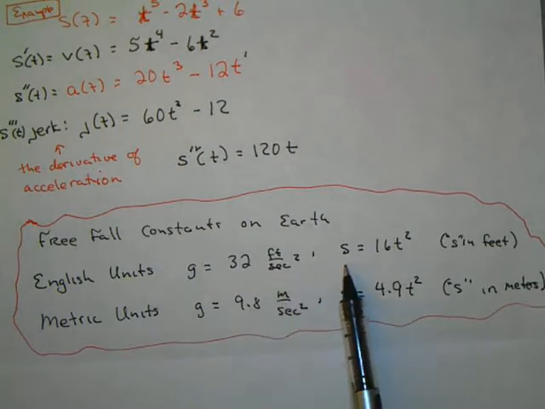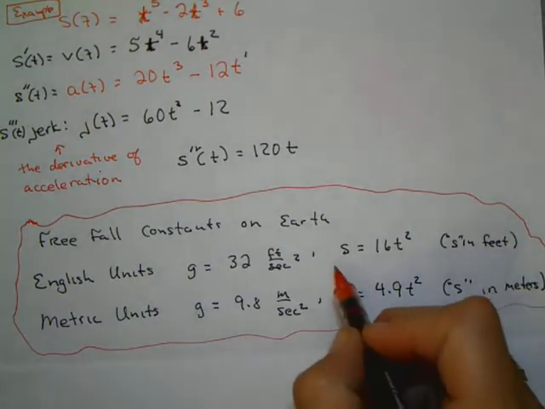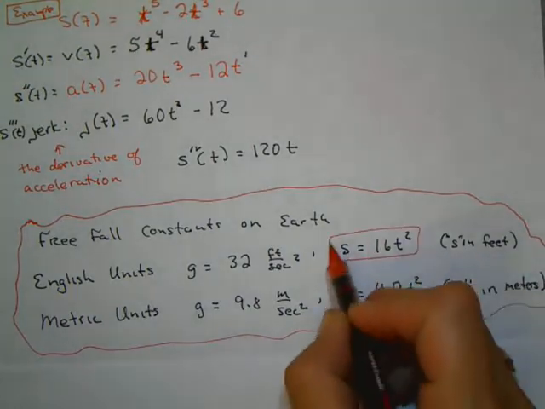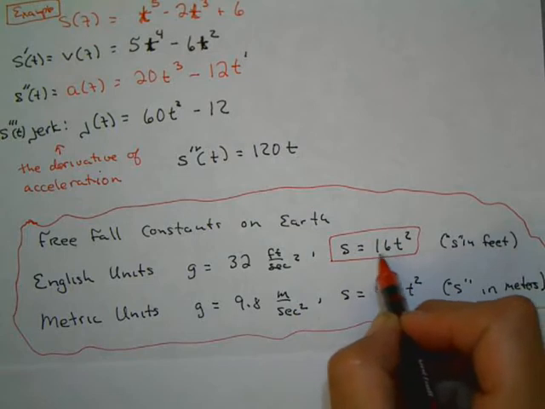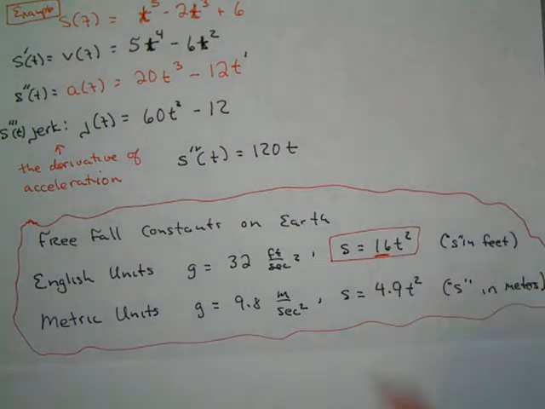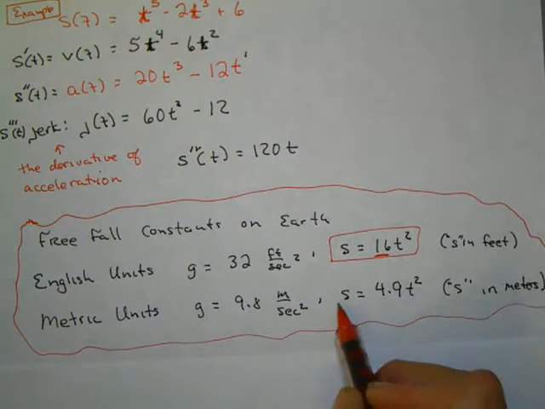So s equals 16t squared, you know that we're talking about feet, if you've got the 16 there. Because in metric units, the gravitational pull is 9.8 meters per second squared, then in our metric system we have 4.9 t squared with s in meters. So just good things to know in general.